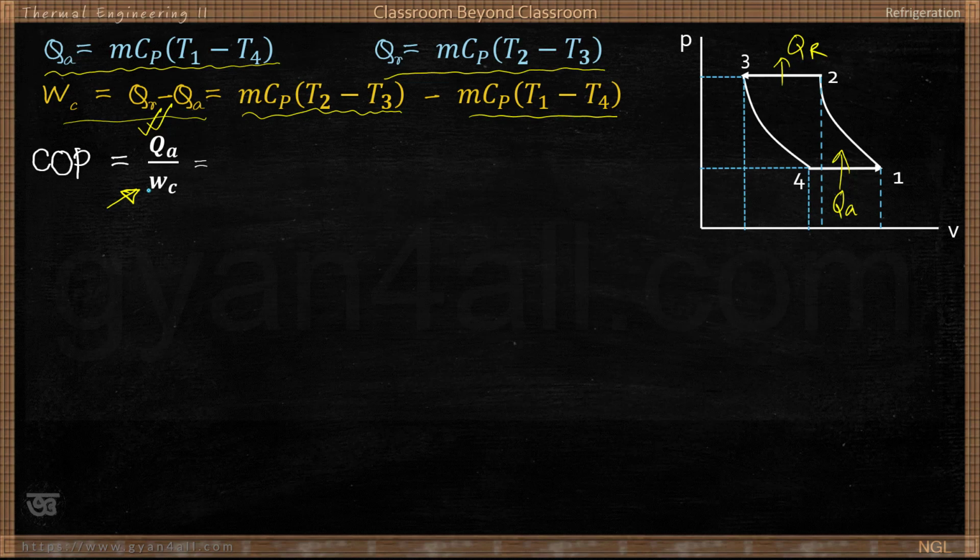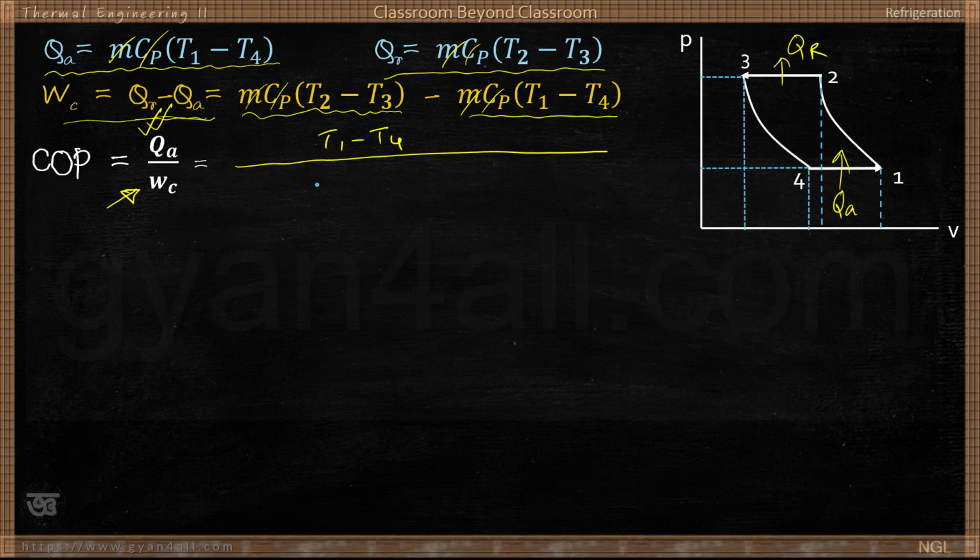At the cost of compressor work, we can absorb heat from a low temperature region and we can reject the heat in a high temperature surrounding. So what is QA in this? In all this case, we can cancel MCp because everywhere MCp is common. So we can write QA is MCp, but ultimately it will be cancelled, T1 minus T4. Then QR minus QA, what is that?